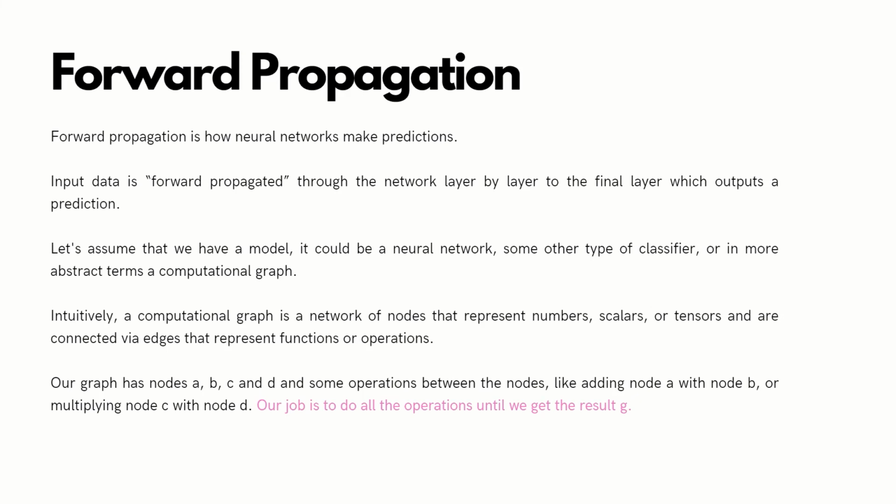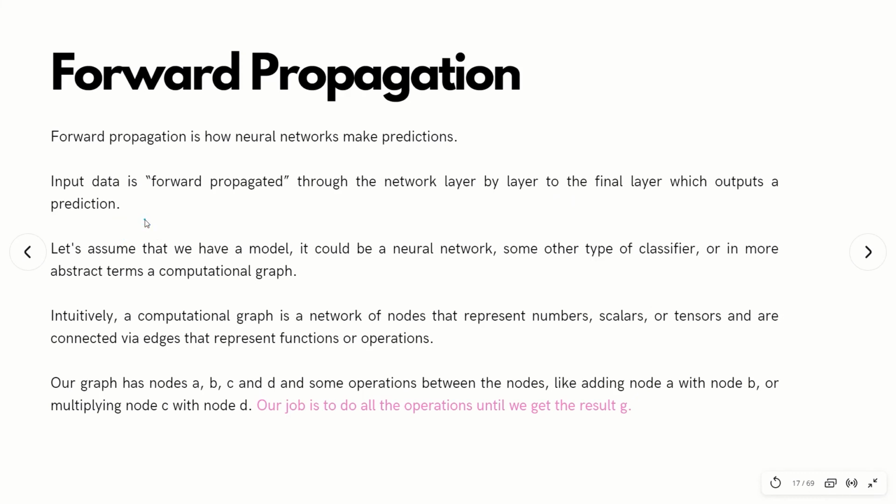That's the basic methodology adopted by neural networks while making their forecasts or predictions. Now, how it works is that whatever input data you're feeding to the input layer is forward propagated. Forward propagated means it is moved in one single direction, the forward direction, through the network layer by layer till the final layer, which outputs a prediction.